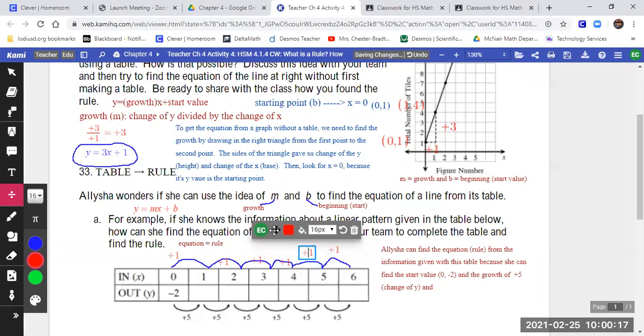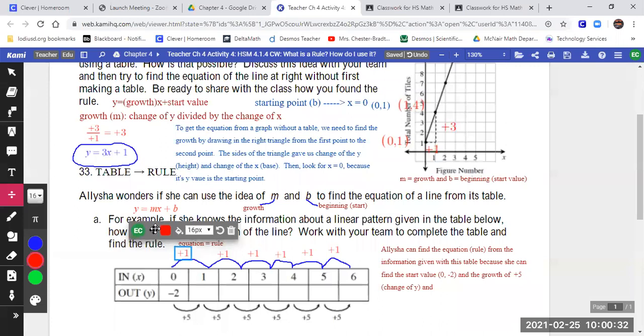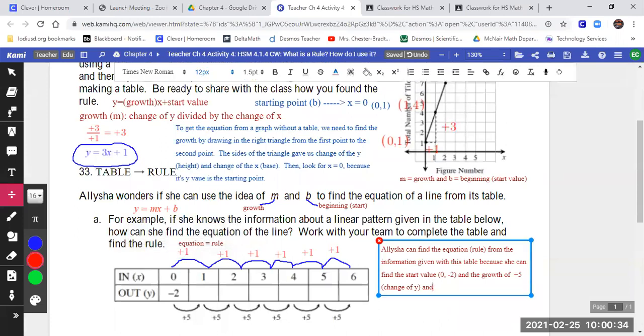Here's this one's +1. Each of these bridges gets its +1. Okay, so we have the change of y, and we can solve the change of x, which was +1, right?